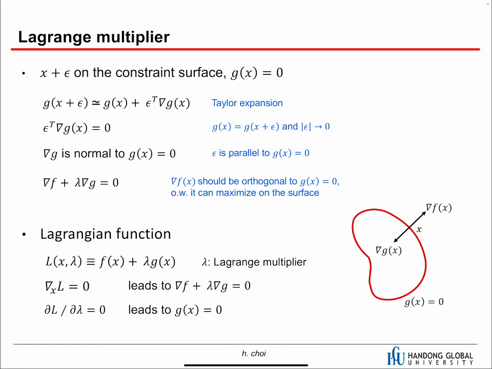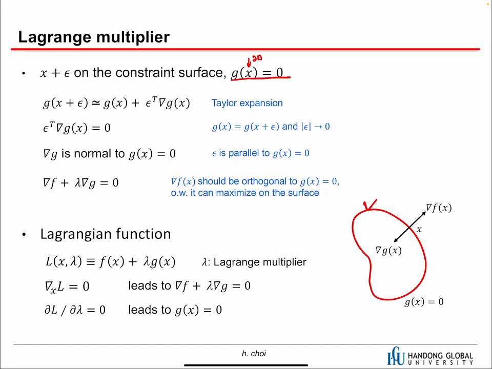Let's start from this constraint, g of x is 0. This constraint makes a surface in high-dimensional space. In the previous slide, x was two-dimensional, so now we have a two-dimensional surface like this, but we can generalize this into a high-dimensional space.